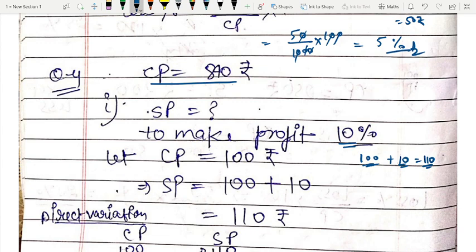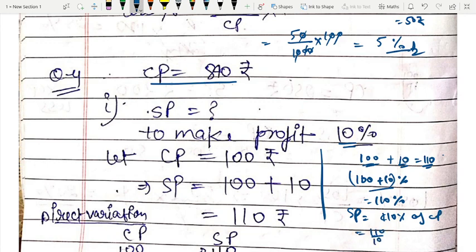You will get 110 percent. You can do this question like this: 10% profit means 100 plus 10 percent, so 110 percent. Now we can find out the selling price. Selling price will be 110% of the cost price.